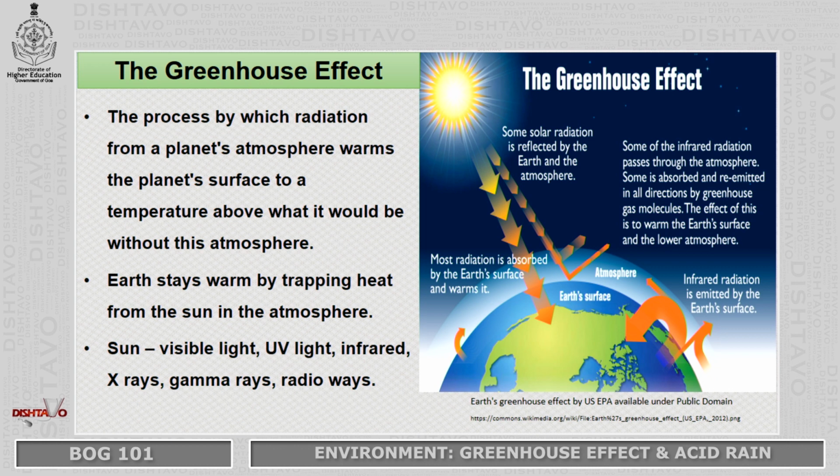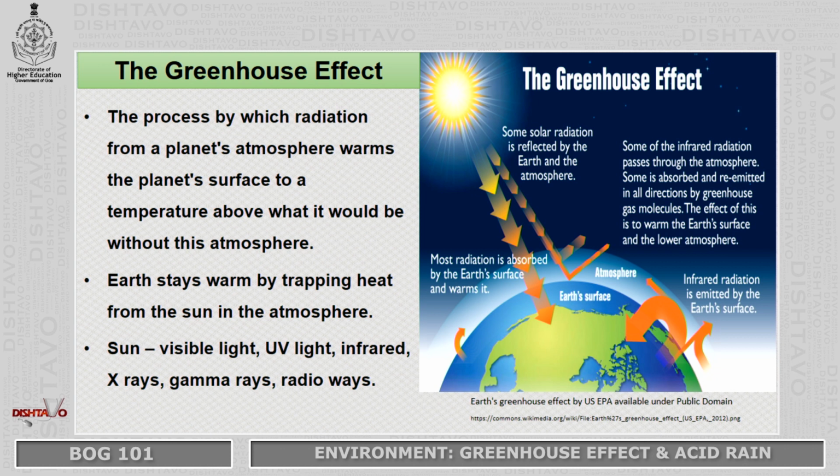So this is basically called the greenhouse effect. That is how earth actually stays warm, by trapping of heat. In the greenhouse effect, there is trapping of heat, that is very important.